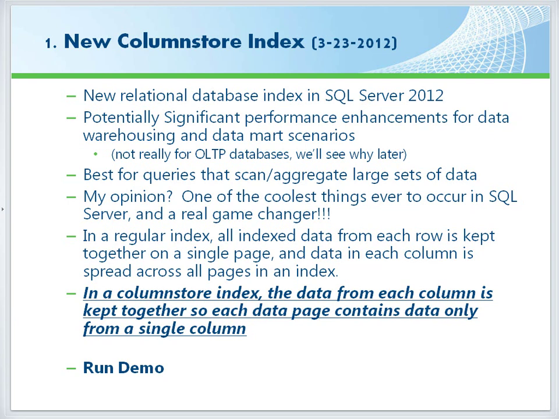Well, a Columnstore index architecturally is very, very different, and the differences allow for some optimization and some compression that just isn't available with other types of indexes. The data from each column is kept together so that the data page contains just data from a single column, and as we're going to see, that opens up some enormous capabilities for optimization.